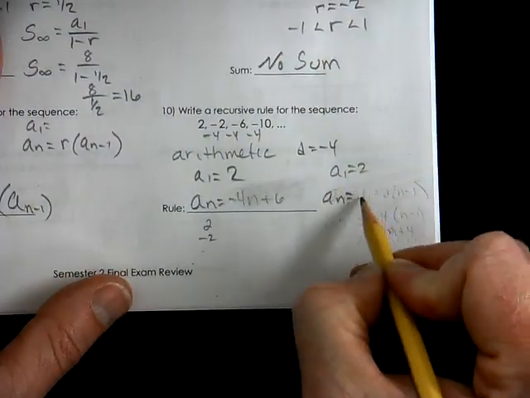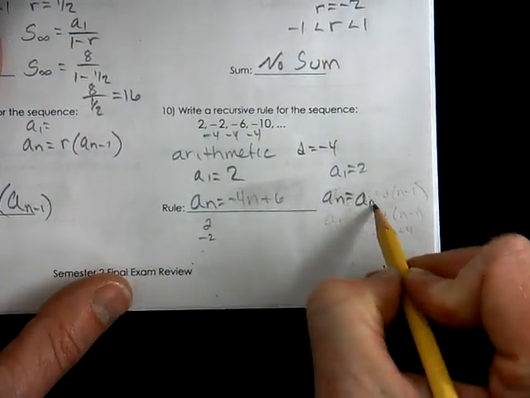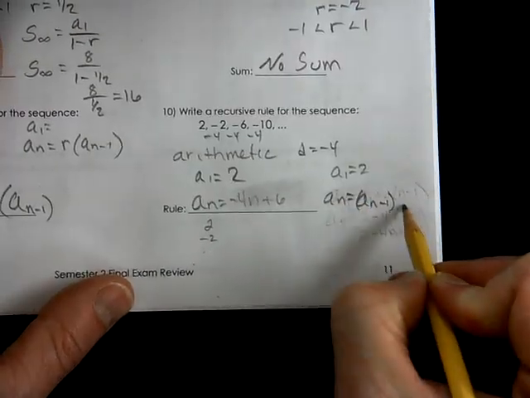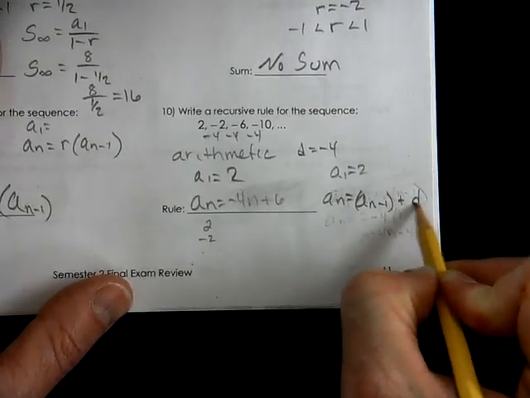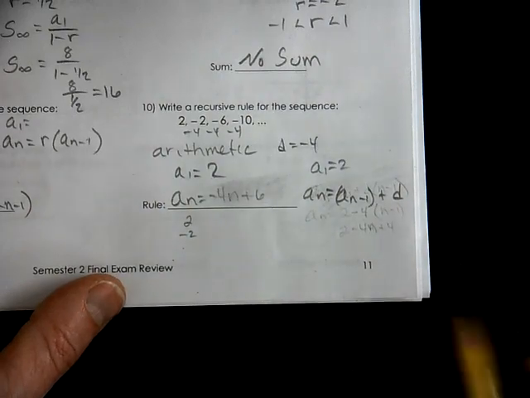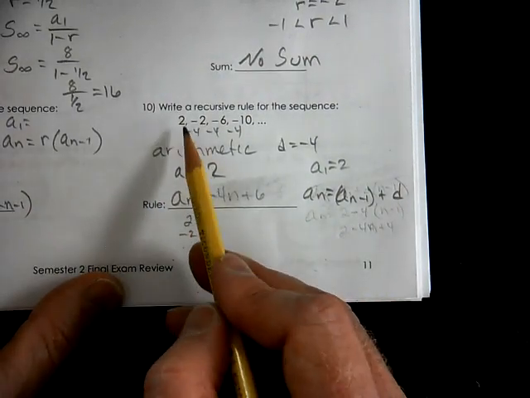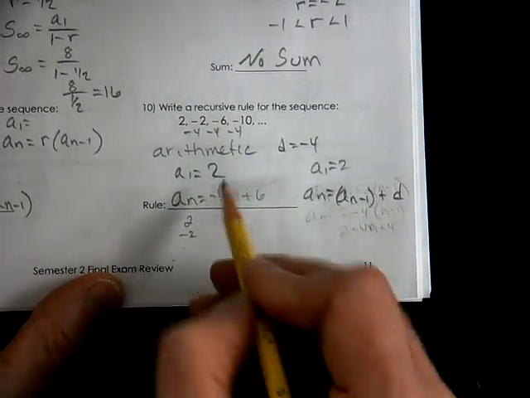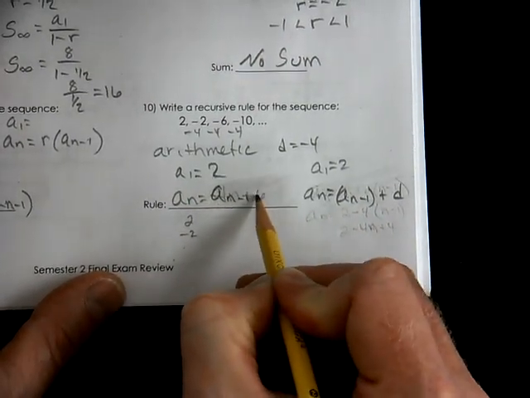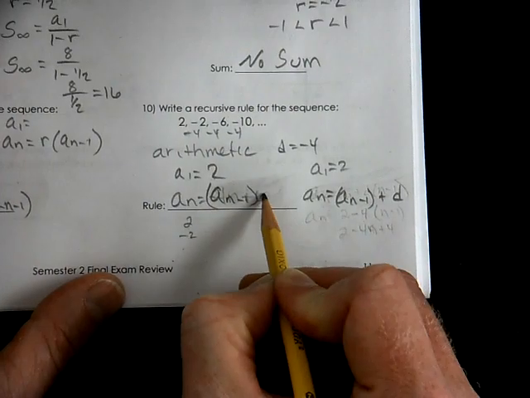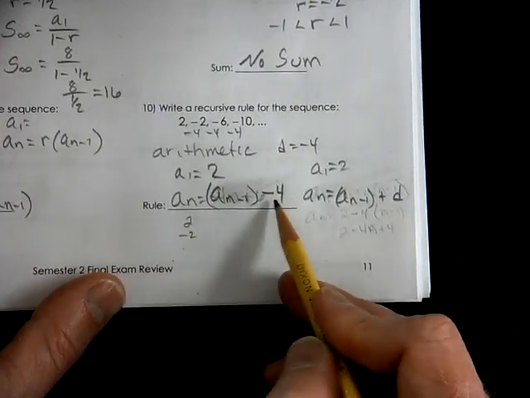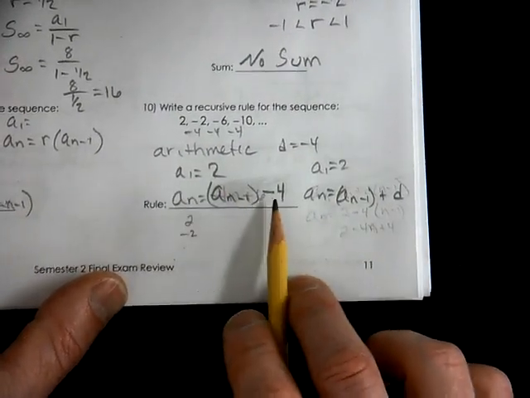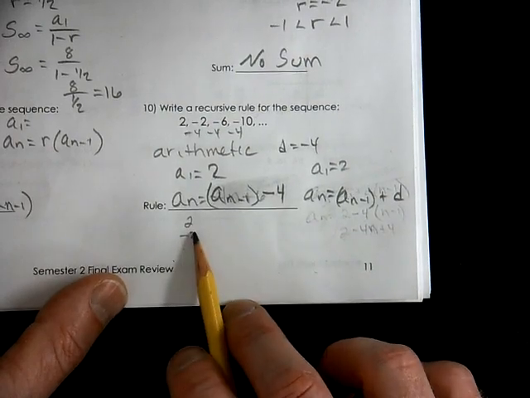So what we do here is a lot easier. It's the previous term plus our common difference. So let's test that. Let's take the 2, and our common difference is negative 4. So we take our 2 and subtract 4 from it. We get negative 2.